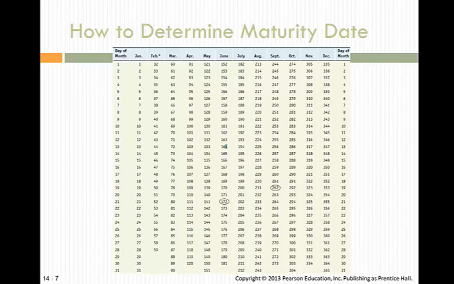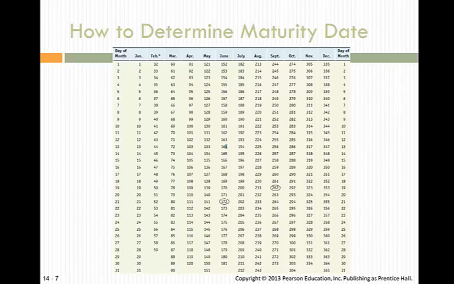Now add the number of days for the term of the note, 90, to 172. So 90 plus 172 is 262. Find 262 on the table and trace up the column to the month and to the left to the date. You'll find 262 is the intersection of September 19th, which is the maturity date.